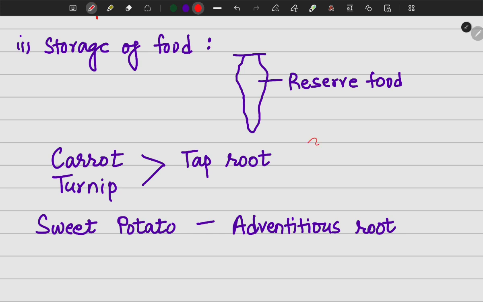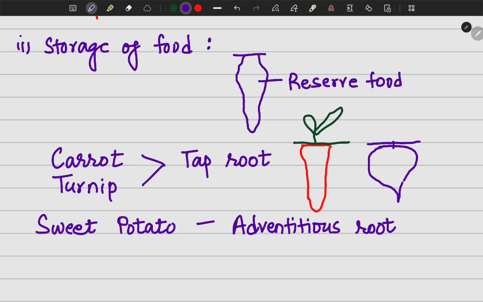If this is a carrot, you must have seen a carrot. It looks something like this. The part which is above the soil has leaves, and the underground root is swollen in size for the storage of food. In the same way, a turnip looks somewhat like this.